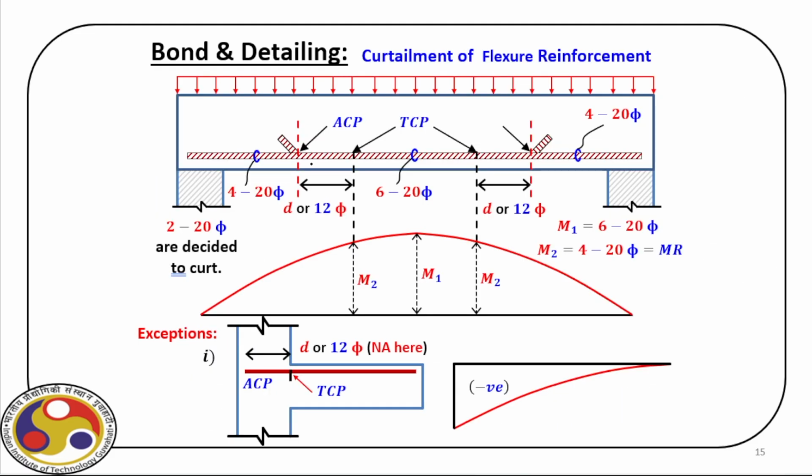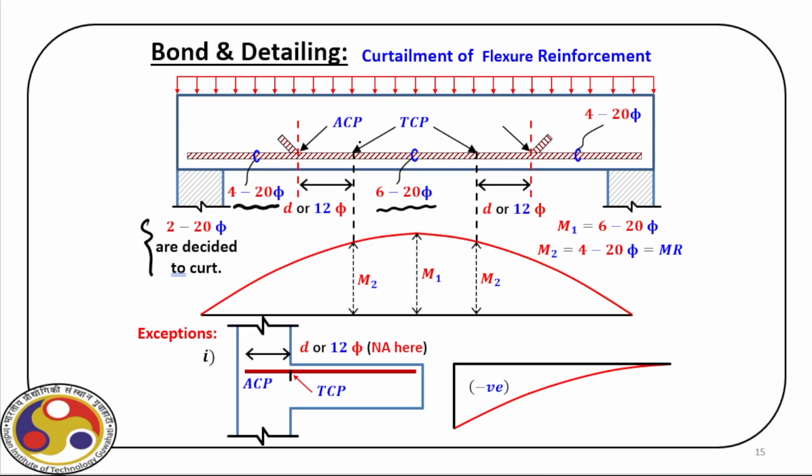As you can see here, in this example, say we have 6-25 diameter bars at the middle. As we go towards the ends, we can curtail. So 4-25 bars are taken to the end and 2-25 bars are reduced.